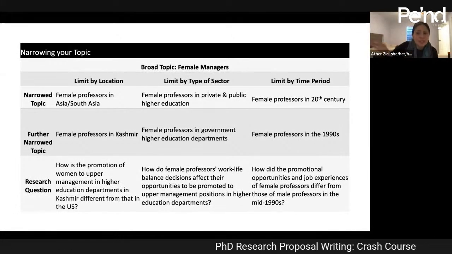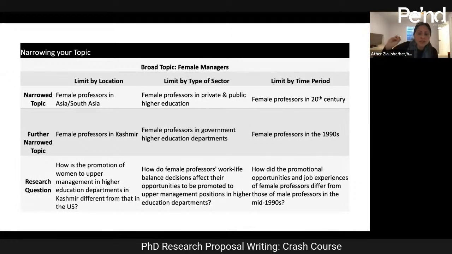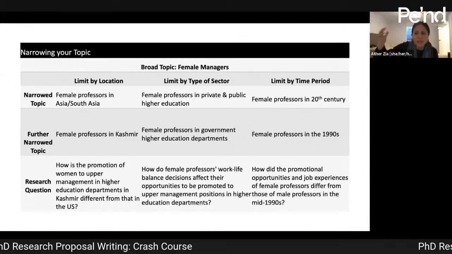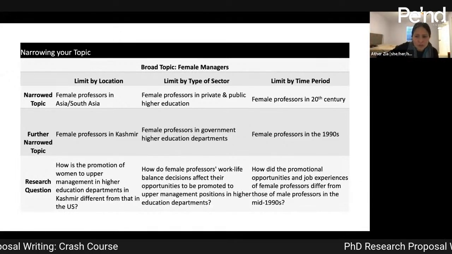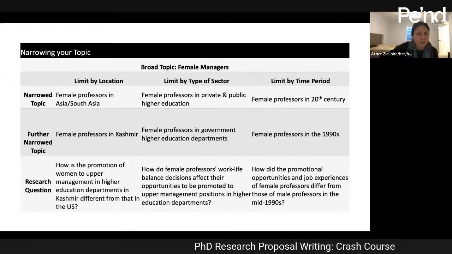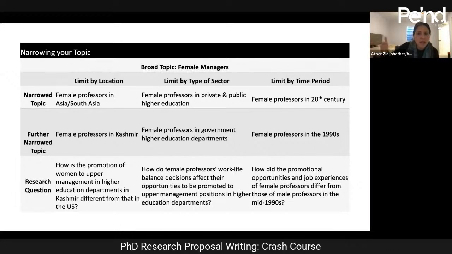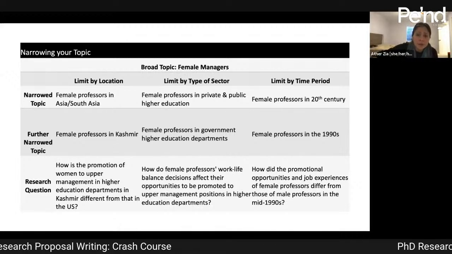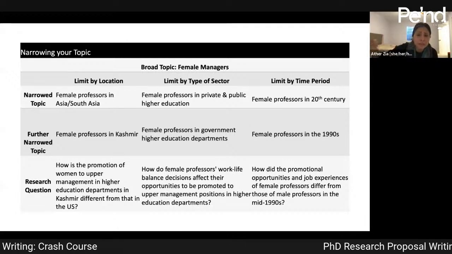But you may be changing words, you're changing all sorts of things, like, do I want to have a comparison between female professors and male professors? It all depends on what you're finding in the field. It's a participatory process.